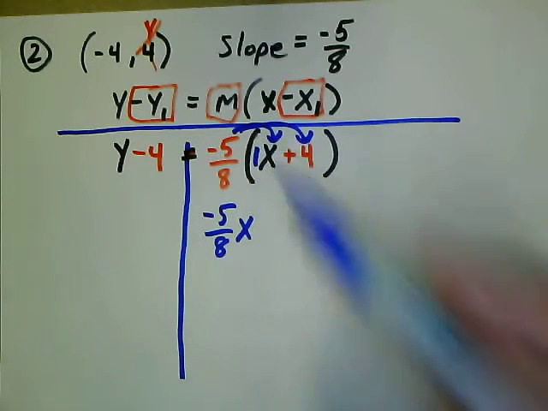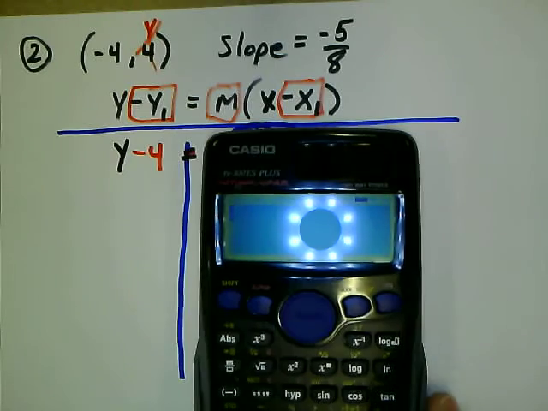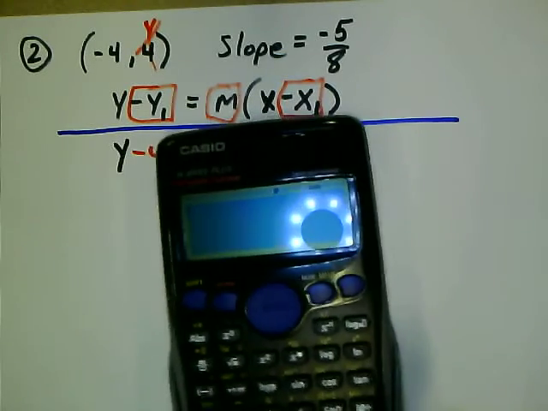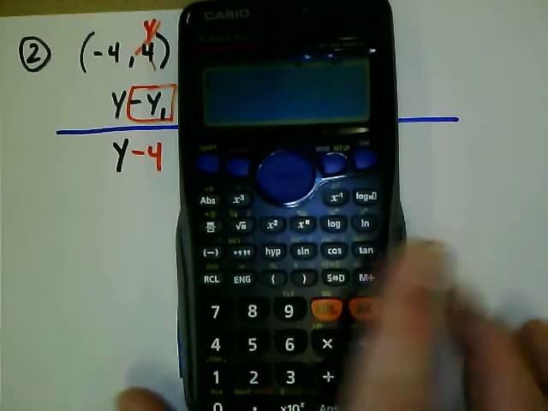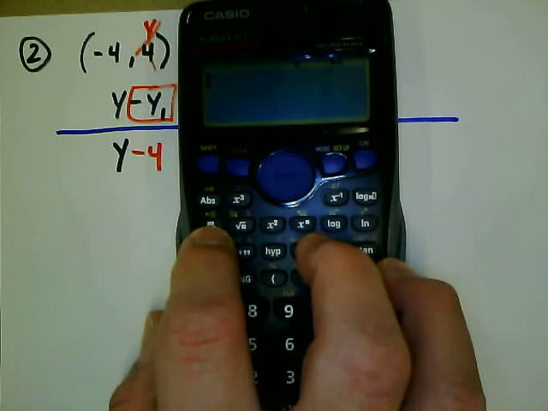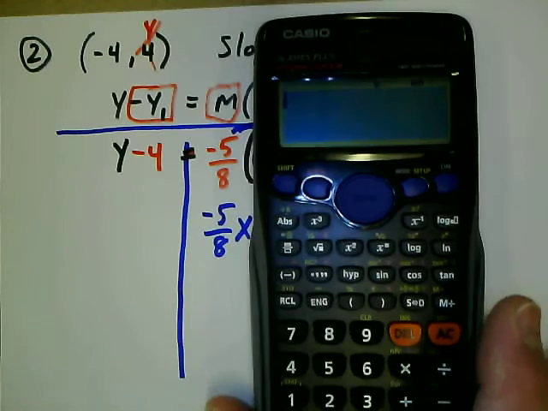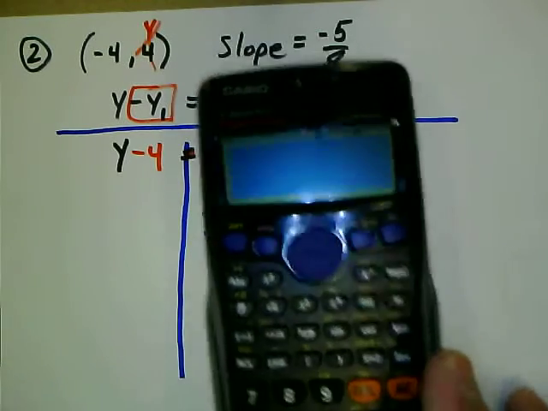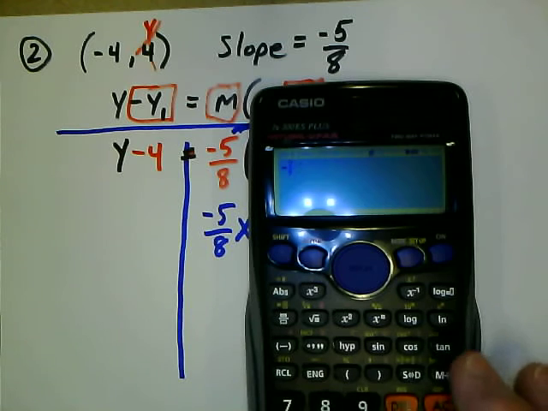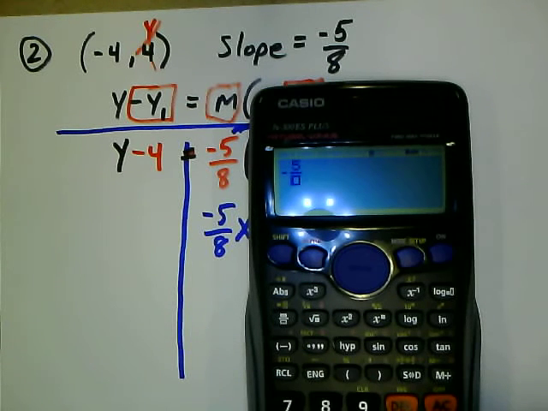Now, here's the calculator. I can show you how to do this. And maybe you might have one of these at home. You're going to use your fraction button, which is right here. Some of you might have an ABC button on some of your calculators. So I'm going to make it negative, -5, and hit this ABC fraction button.